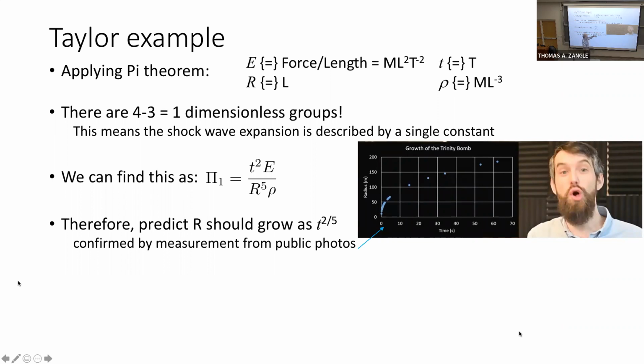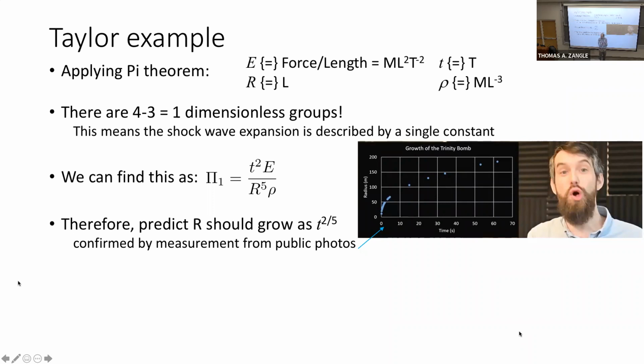So in the video, this is still going now. If you were to take those photos from Life magazine, plot the radius against the time, figure out how many feet is 1 millimeter on the ruler, you end up with the radius of that blast as a function of time.